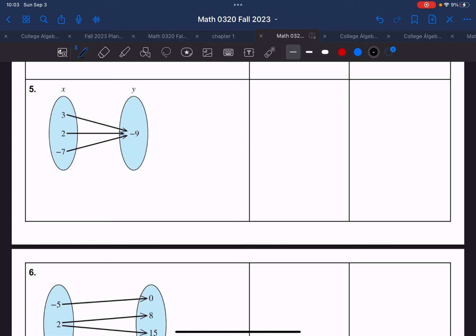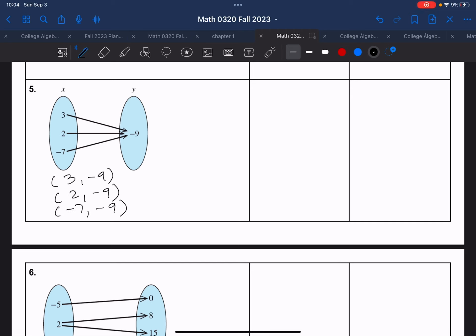Notice these arrows coming off the X value. Since there are 3 arrows coming off the X oval, that tells us that there's going to be 3 points. And those points are going to be 3, -9, 2, -9, -7, -9.